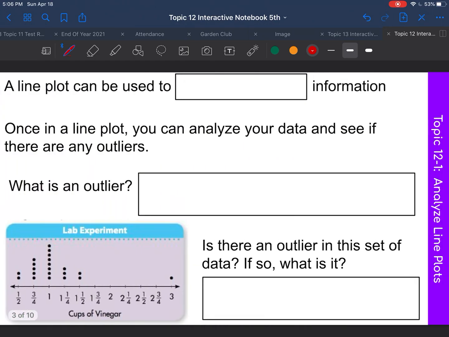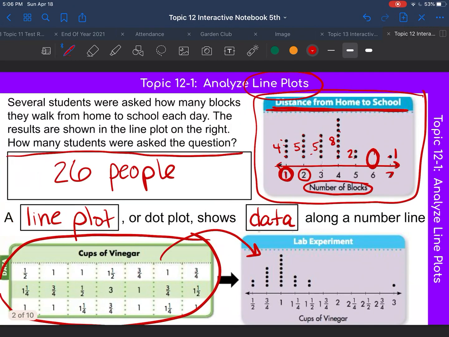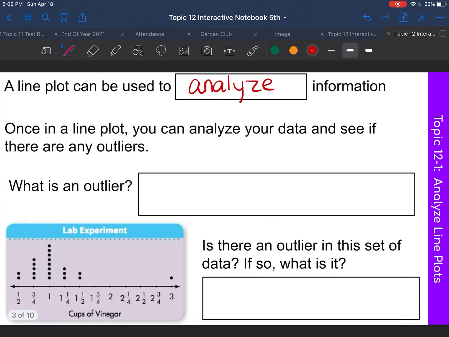So a line plot can be used to analyze information, okay? And again, that's kind of what we did over here. We just want to analyze it. We want to see what's going on. We can answer a lot of questions using line plots. Once in a line plot, like this example right here, okay, you can analyze your data and see if there are any outliers, okay?